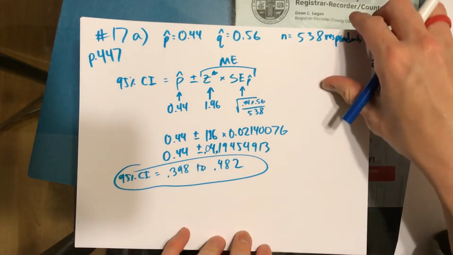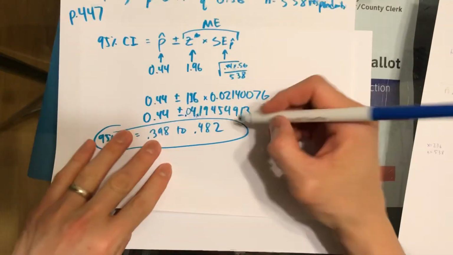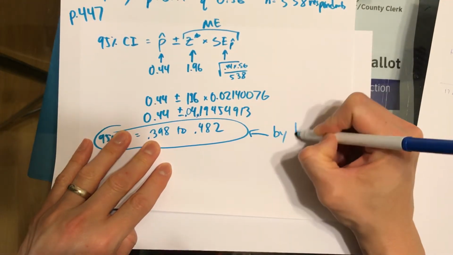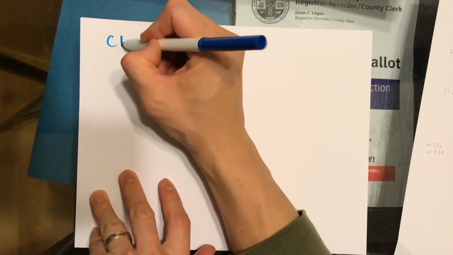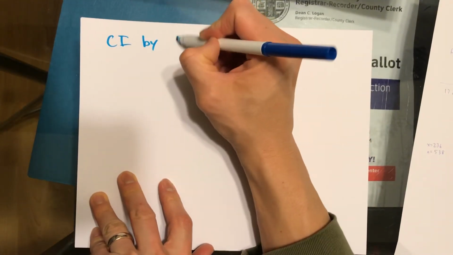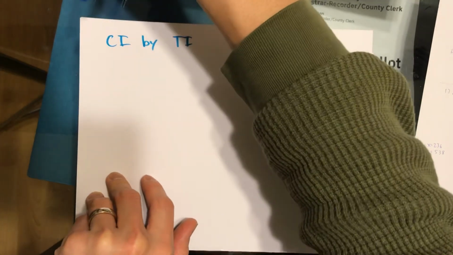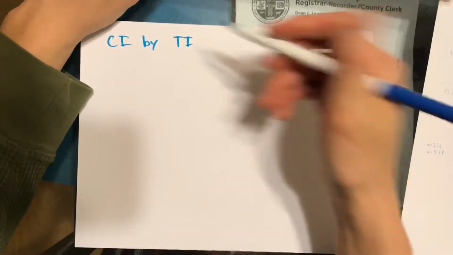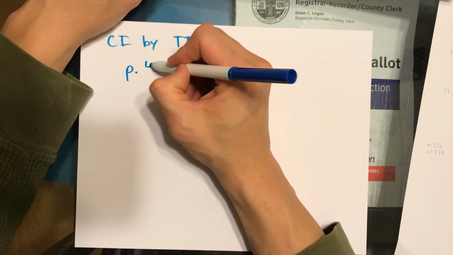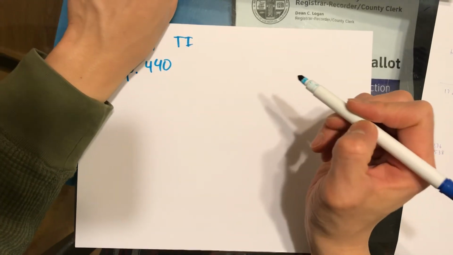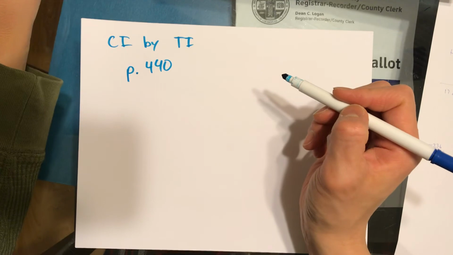All right? So now here's the moment you've been waiting for. How to do this on, so this was by hand. Okay? So how do we do confidence interval by your TI? And then we'll need to go in our textbook to page 440. Okay?